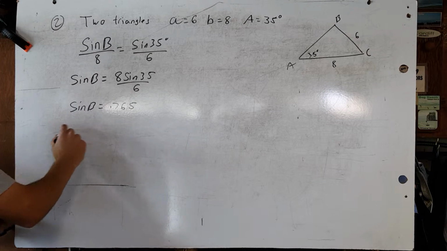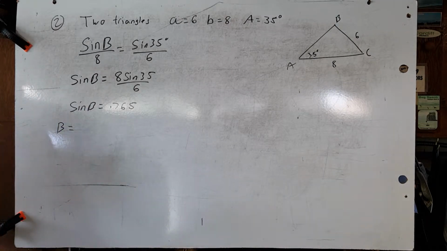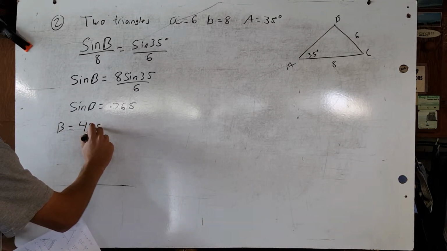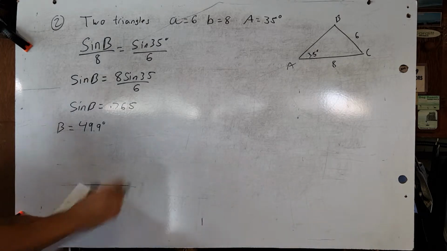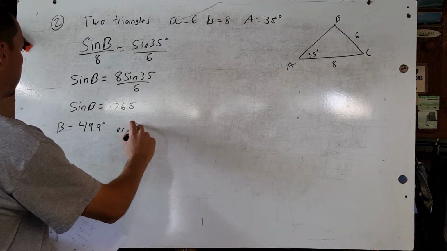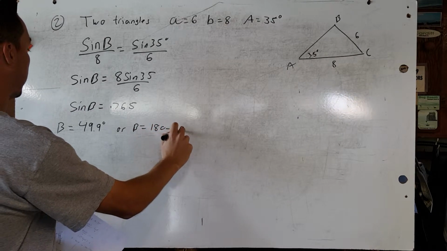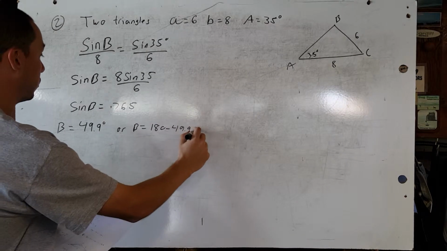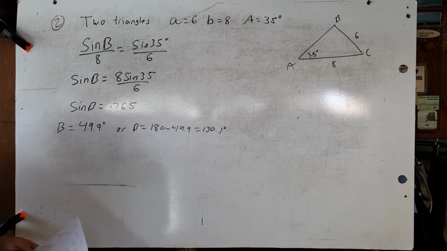This has two answers. B can equal 49.9 degrees, or B equals 180 minus 49.9, which is 130.1 degrees.